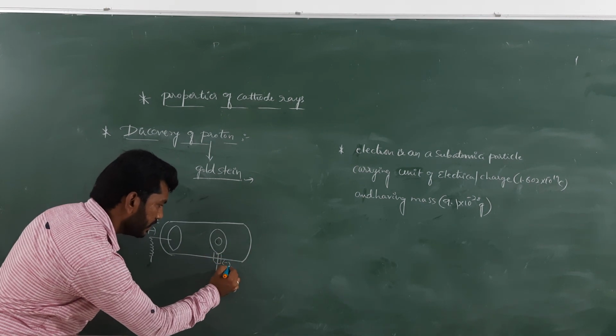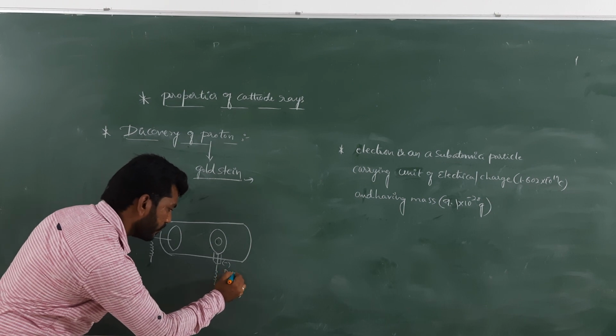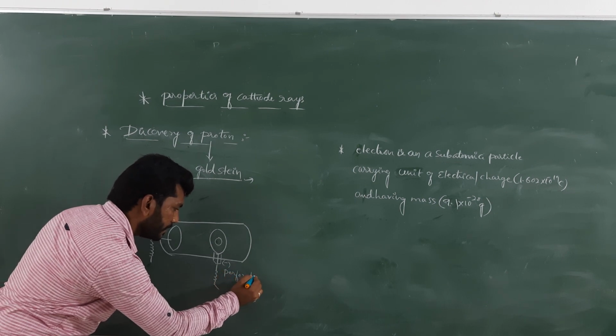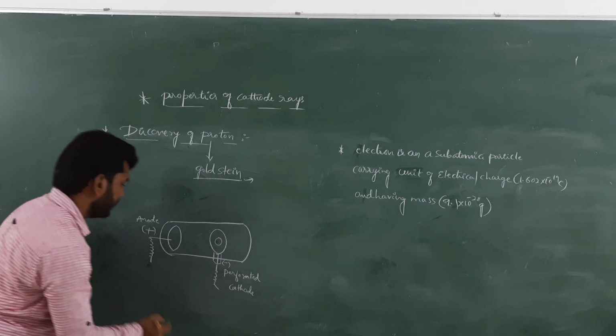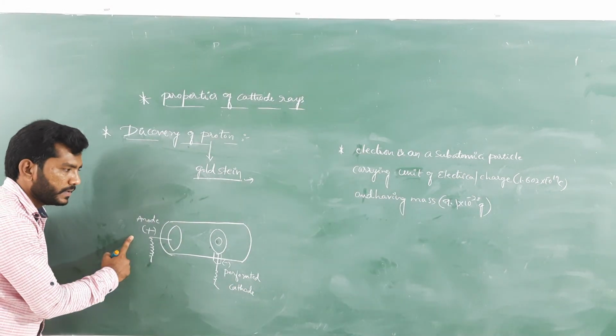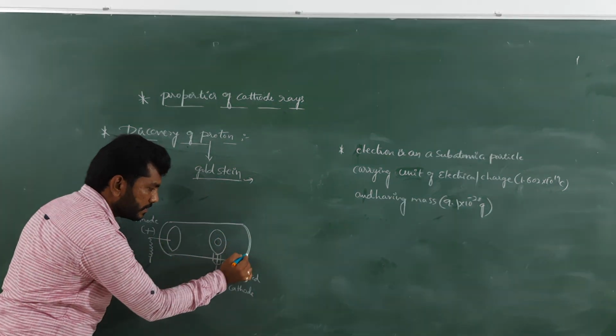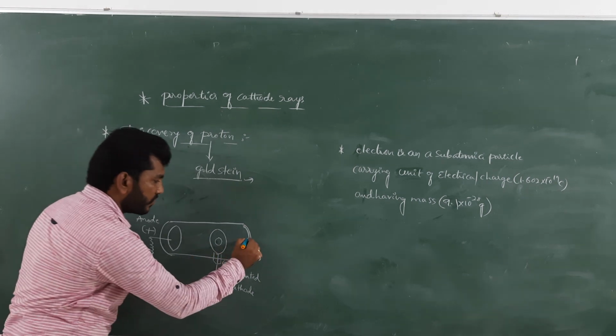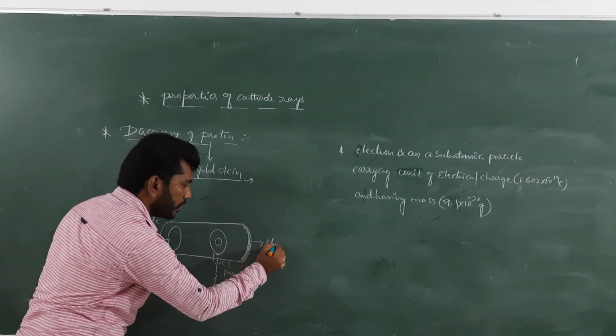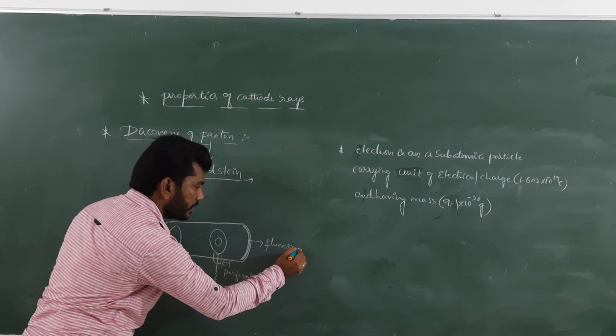So this is the perforated cathode, this is the anode, guys, and this is a fluorescent or phosphorescent material.